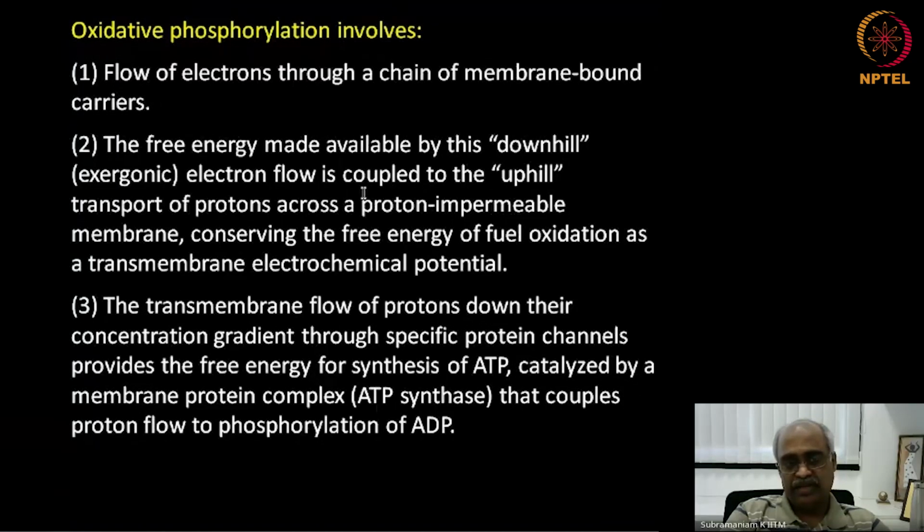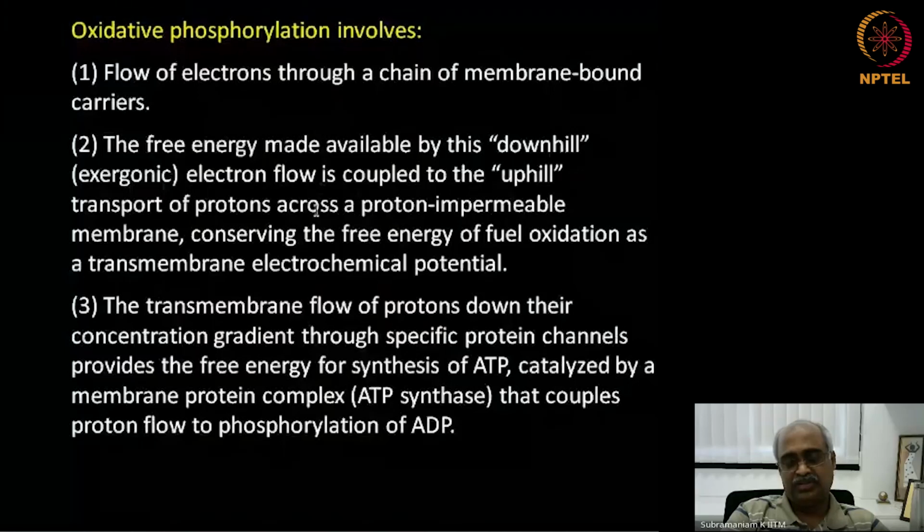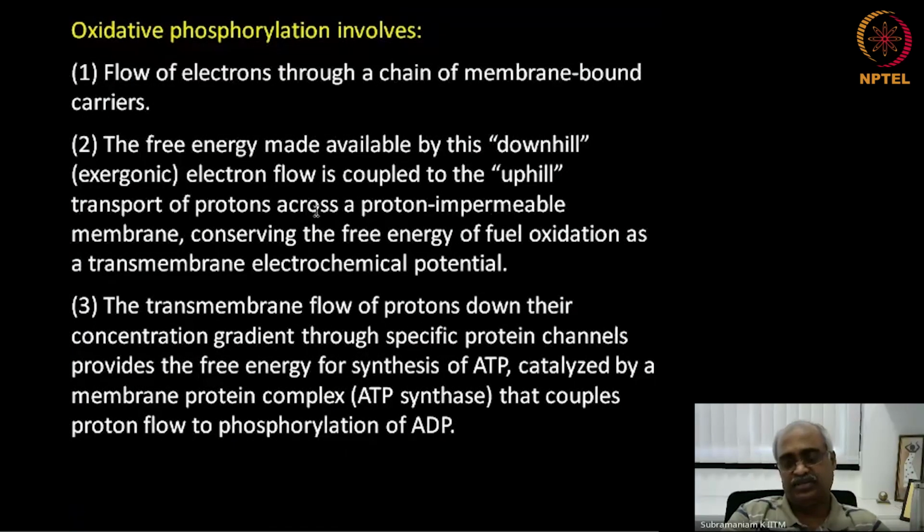So one electron carrier to another electron carrier is a downhill flow, but it is in steps, and at each step the energy available is sufficient enough to drive a certain number of protons across the membrane. So there are 3 steps at which protons are pumped across the inner membrane of mitochondria.